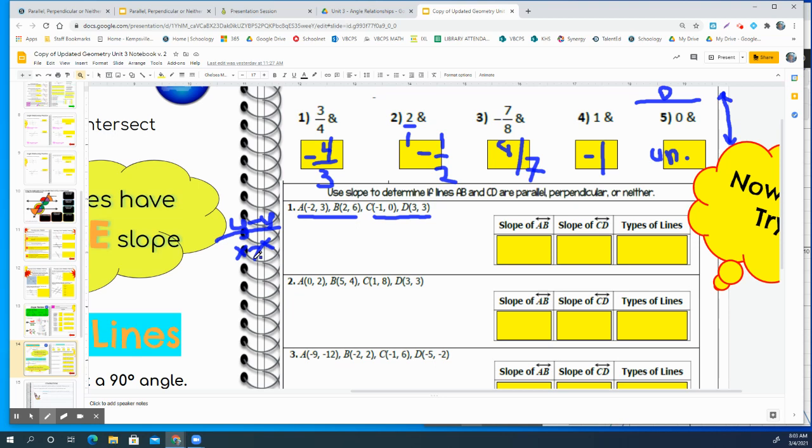You might need to get out a piece of paper. I'm getting out a piece of paper too. Be careful of your signs.